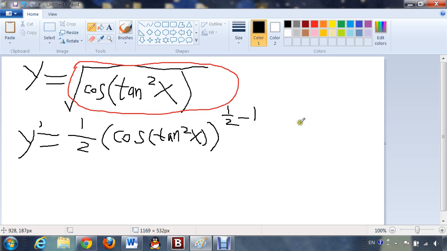Remember 1, right? So it's 1/2 minus 2/2, which gives you a negative 1/2. So to the negative 1/2 power.